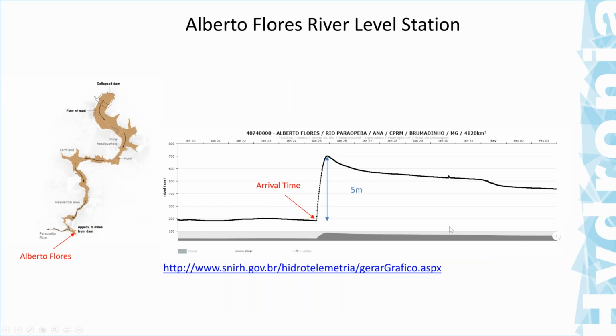Now, the final thing I want to talk about is the results at the confluence with the Paraopeba River. You remember I told you that we have the Paraopeba River downstream, and there is a gauge that is called the Alberto Flores gauge. It's about 5 miles from the dam.